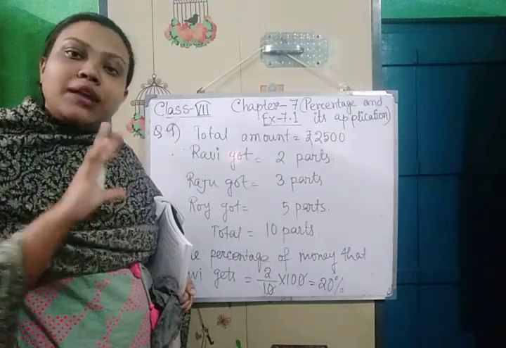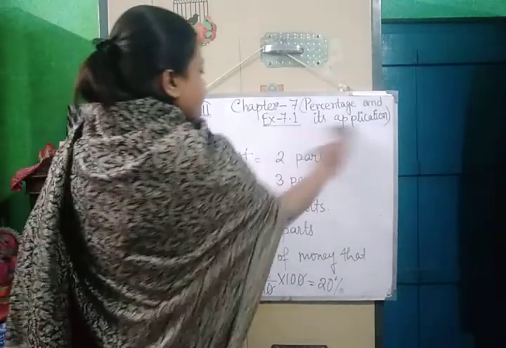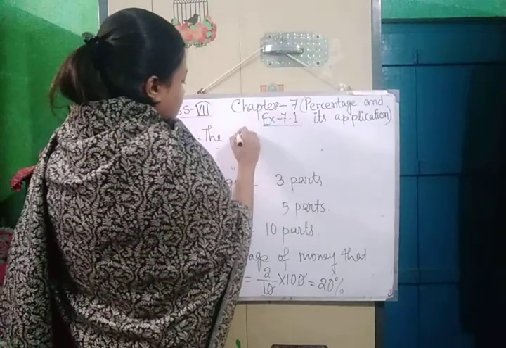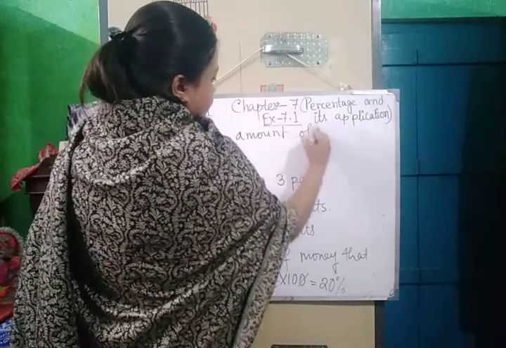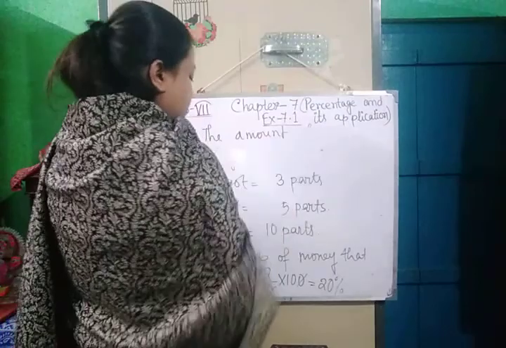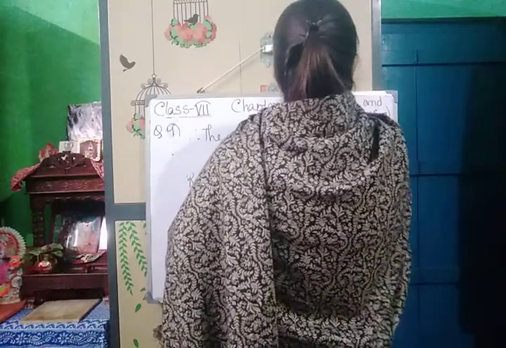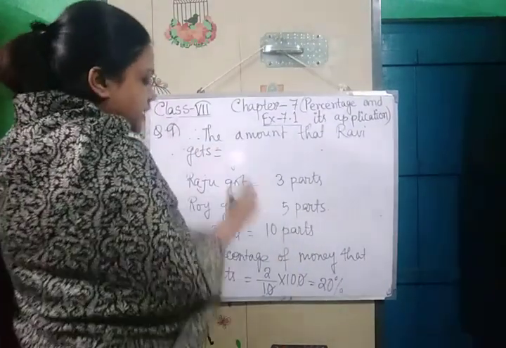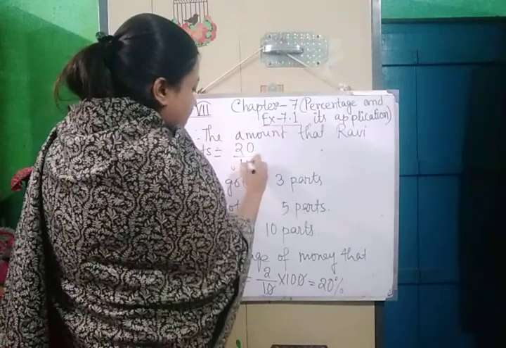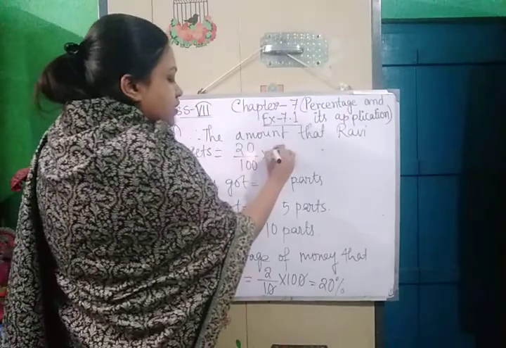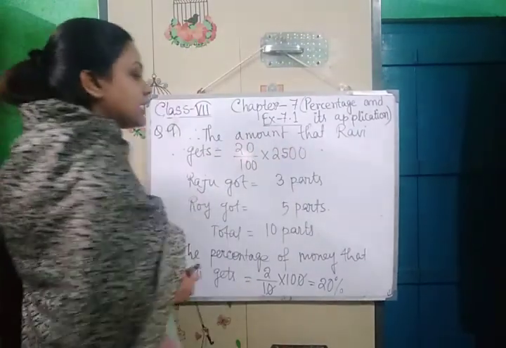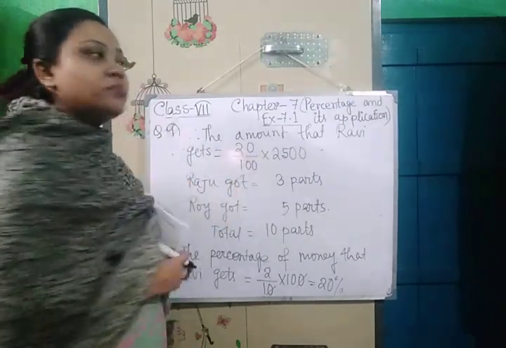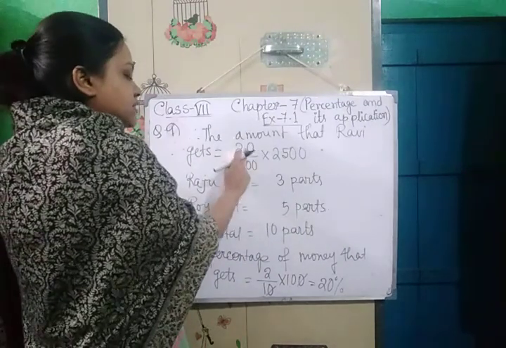So 20% means 20 divided by 100, and we will find out of 2500 rupees what amount he gets.